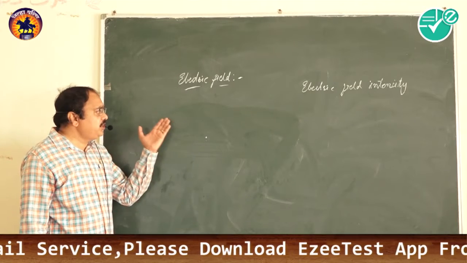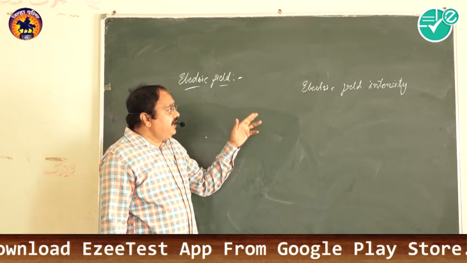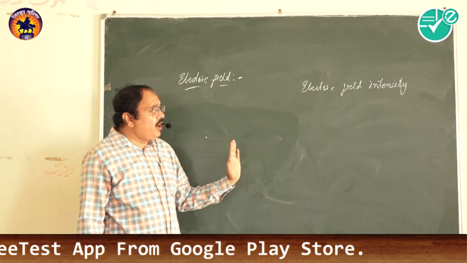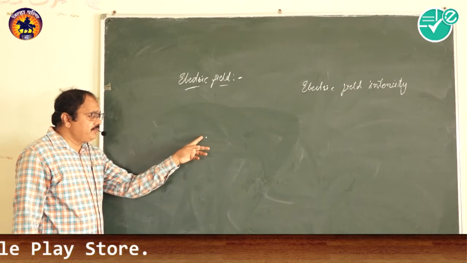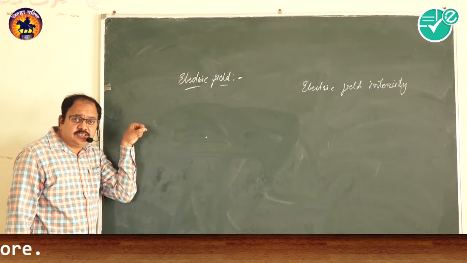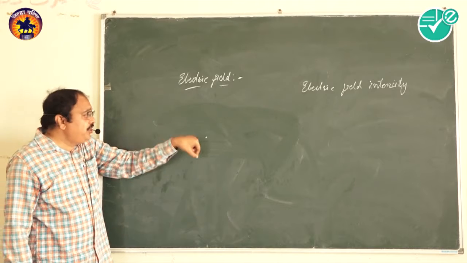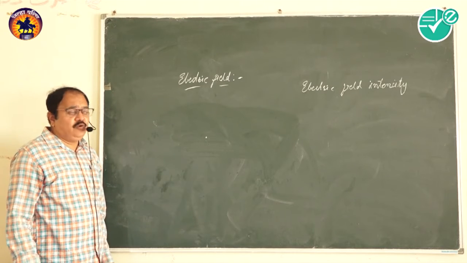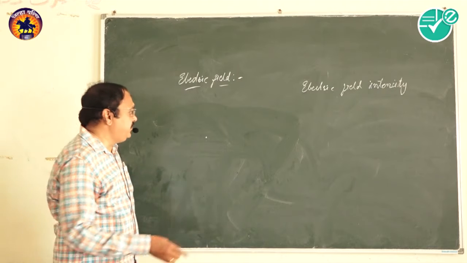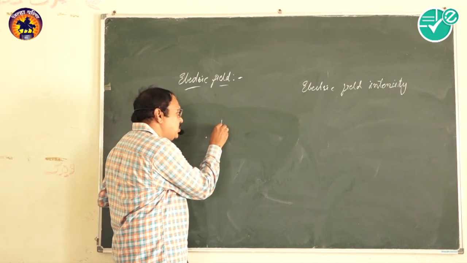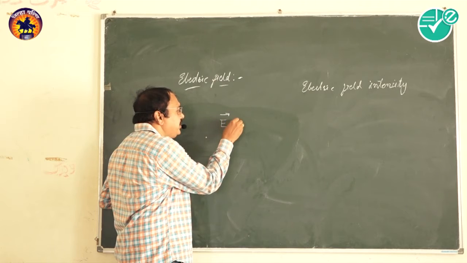By the definition of electric field intensity, there is a point, and a force acts on that point in the particular field. From that definition, we can specify the electric field intensity. It is also a vector quantity.